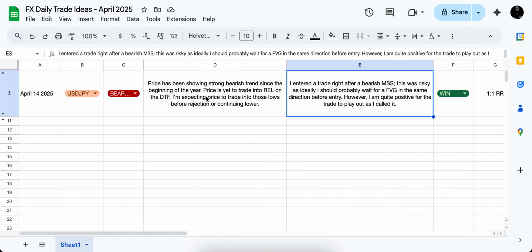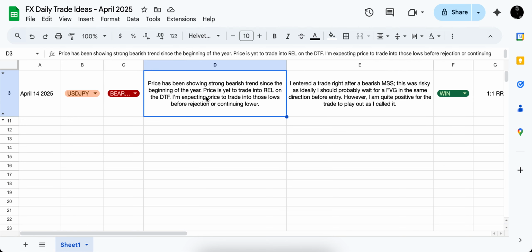So let me go into my trade journal. April 14th, USDJPY, bearish. Price has been showing strong bearish strength since the beginning of the year, actually. Price is yet to trade into relatively equal lows on the daily time frame. That's what I was showing you earlier. So I'm expecting price to trade into those lows before rejection or continuing lower.